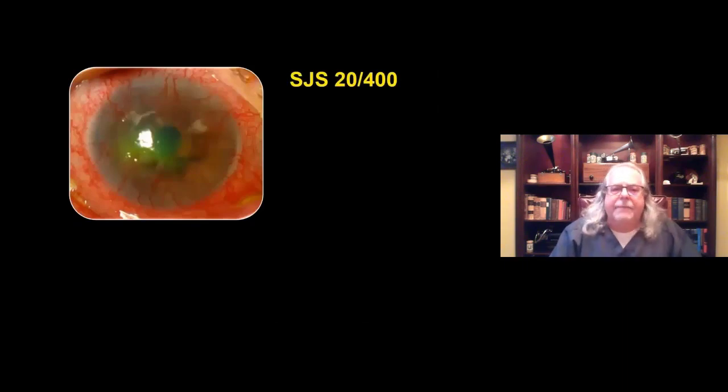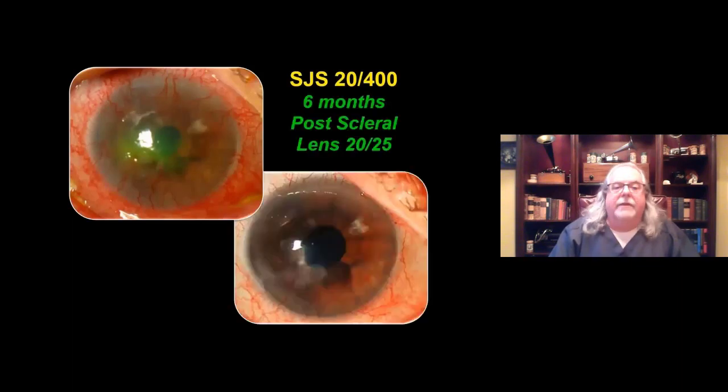Just an example of that is this patient with Stevens-Johnson syndrome. As you can see here, the patient on initial presentation had a corrected visual acuity of 20/400. Now, after applying the scleral lens and wearing it for 6 months, this is the same patient, the same eye.